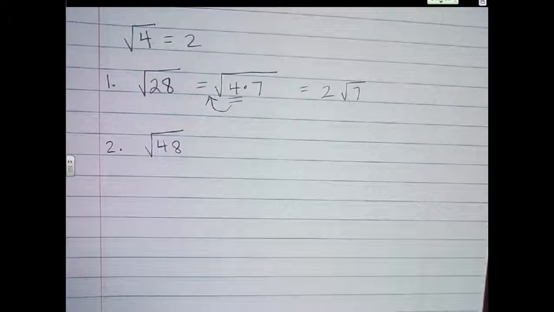I'm going to do it up here so you can see. 48. Start with the lowest one. 1 times 48. 2 times what? 24. 3 times 16. Look, so far, is there a perfect square here? No. Here? No. Here? No.